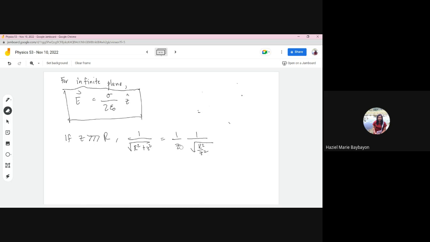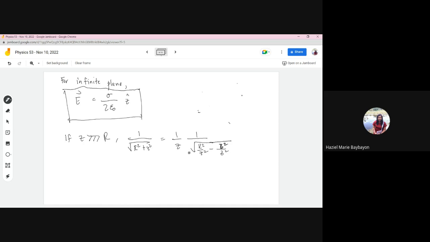Okay? So para mapagawas ni si z squared diri sa square root sign, okay.